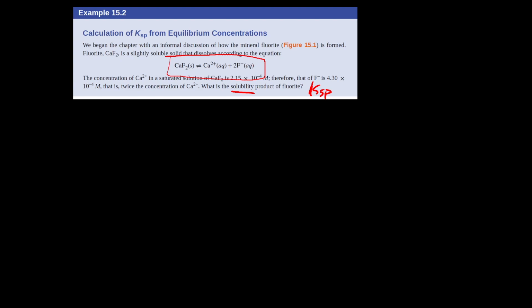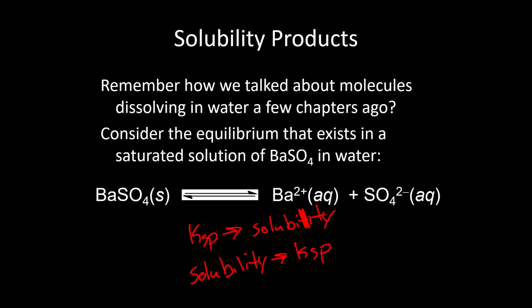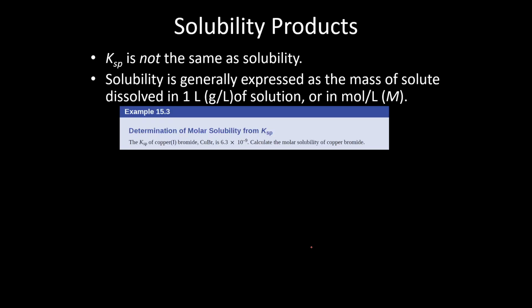So again, that's what I was saying back here. That would be this process. You're given the solubility, and then you're asked to find KSP. But I also expect you to be able to do the opposite, which is, I believe, what is done here in this problem. So going in either direction.